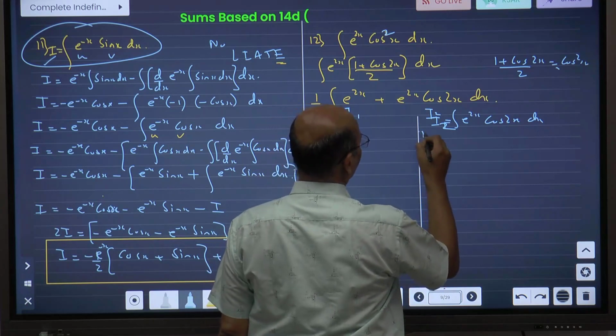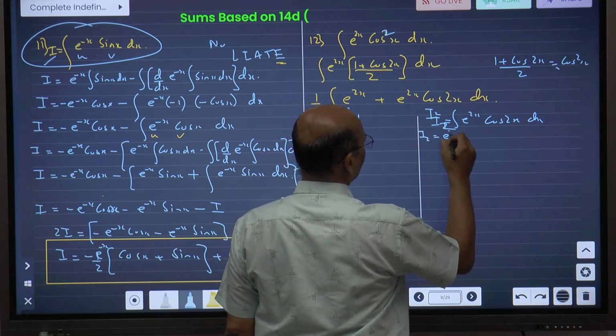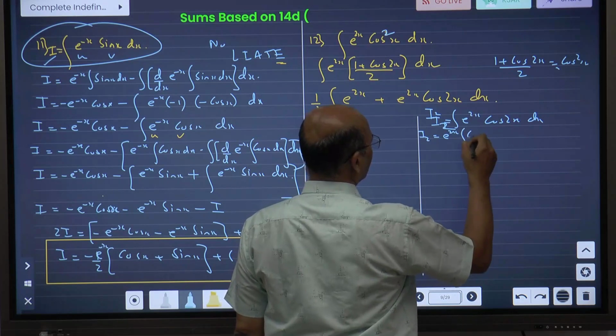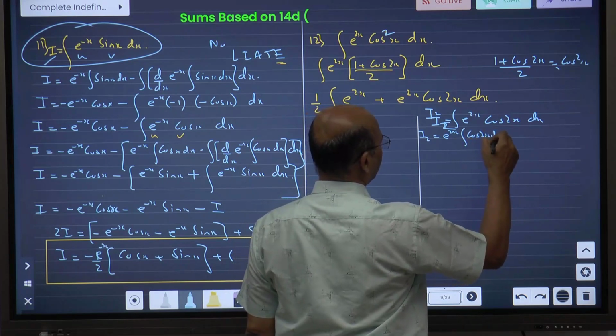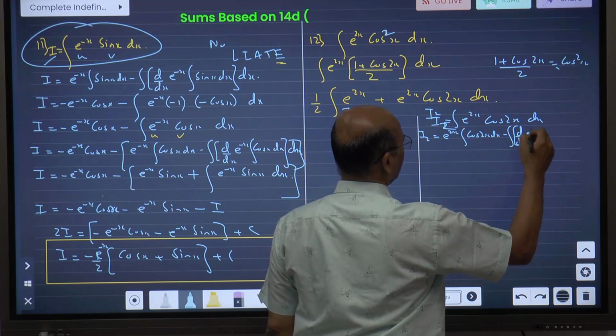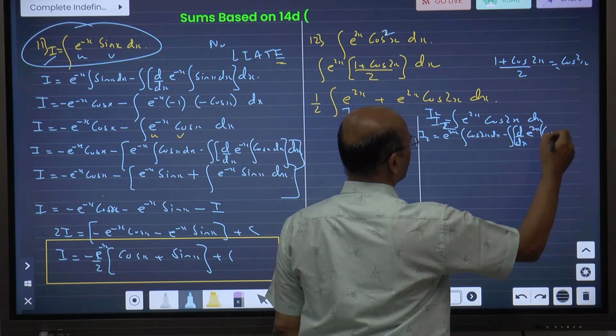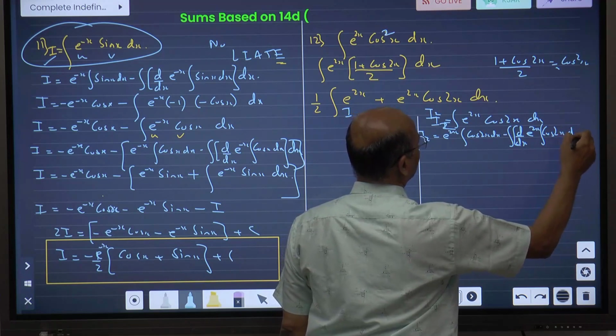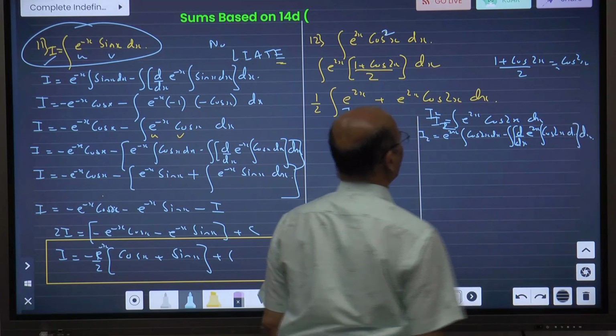So I2 is equal to u times integral cos 2x dx minus integral of the bracket: derivative of e raised to 2x times integral cos 2x dx, close, dx. Be careful about it.